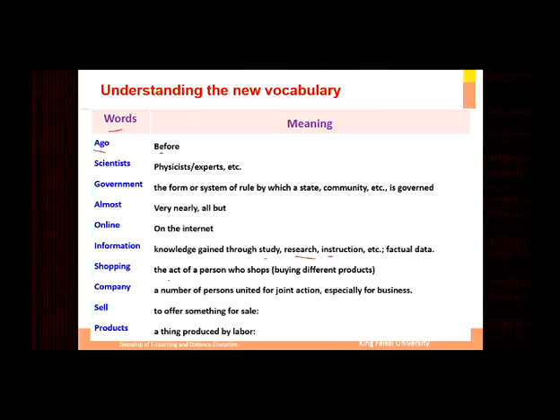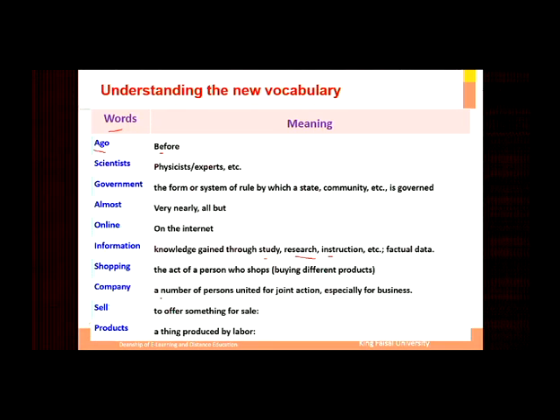The word shopping refers to the act of a person who shops, who buys different products. So when you go to a mall and you do this action of shopping, you buy stuff or you buy some product from a supermarket or from a superstore and so on and so forth.